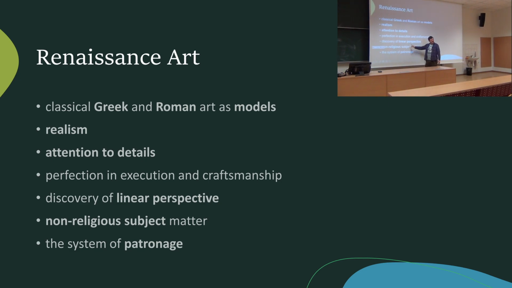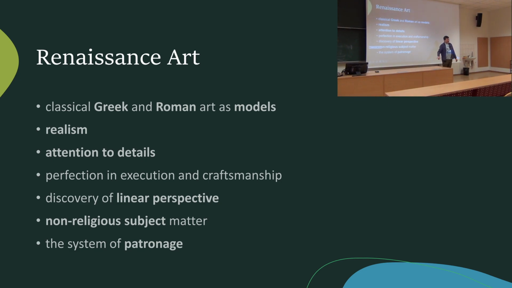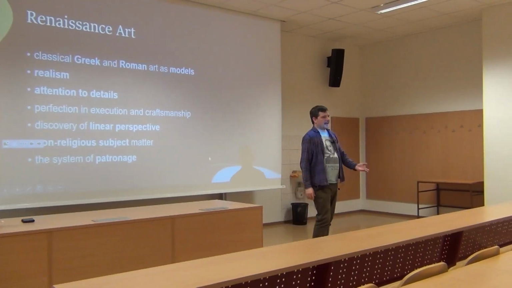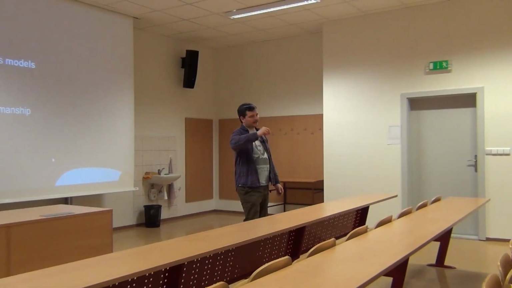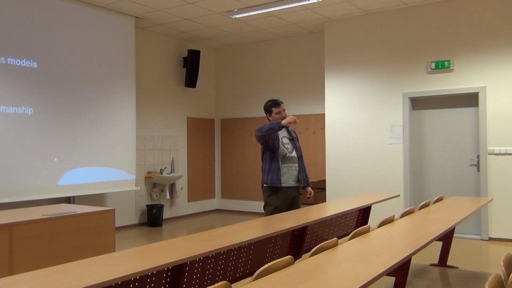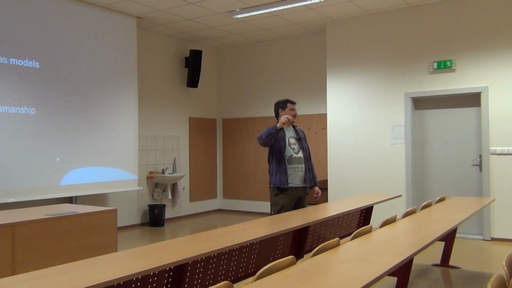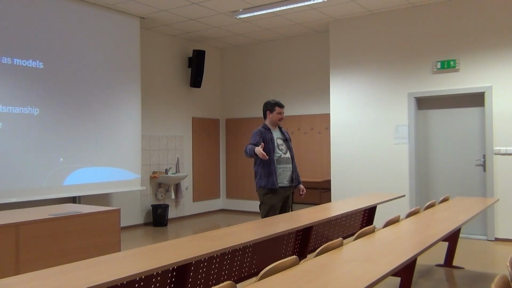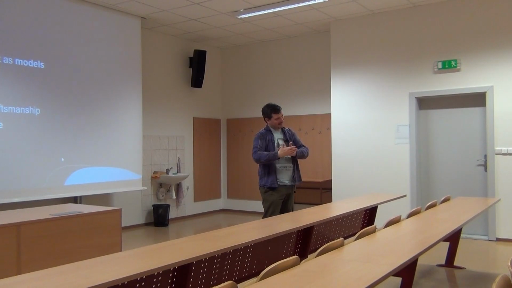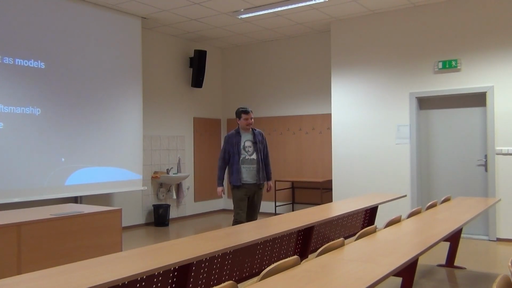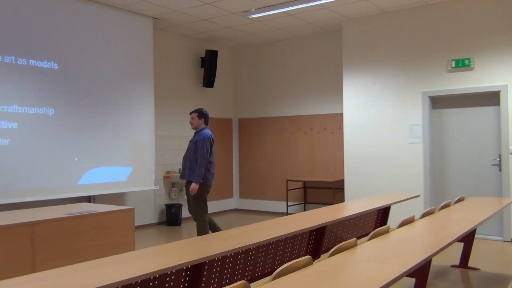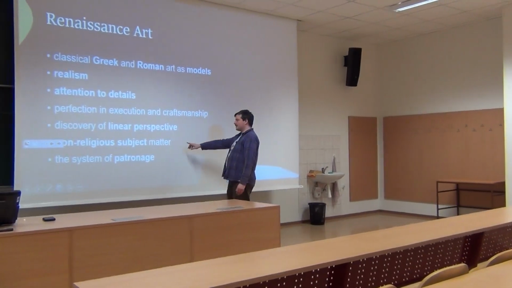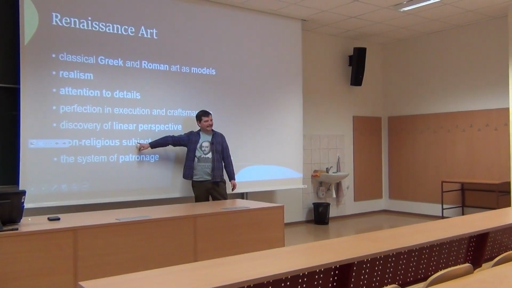Linear perspective is important. Linear perspective actually means being able to represent the three-dimensional world in two-dimensional space in a way that it looks three-dimensional. Also, non-religious subject matter appears.